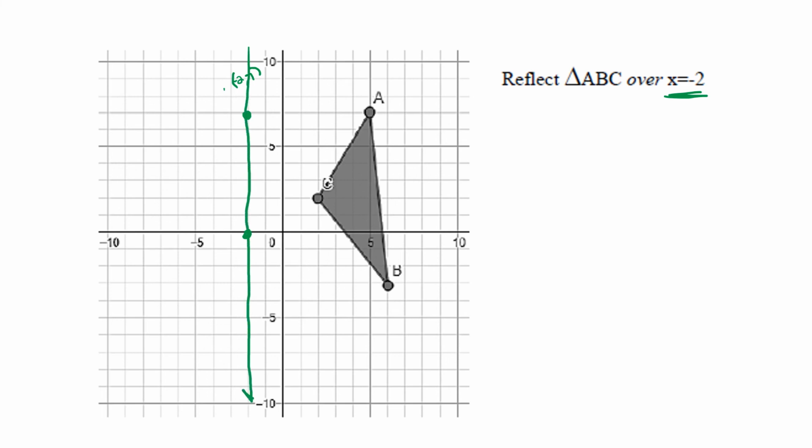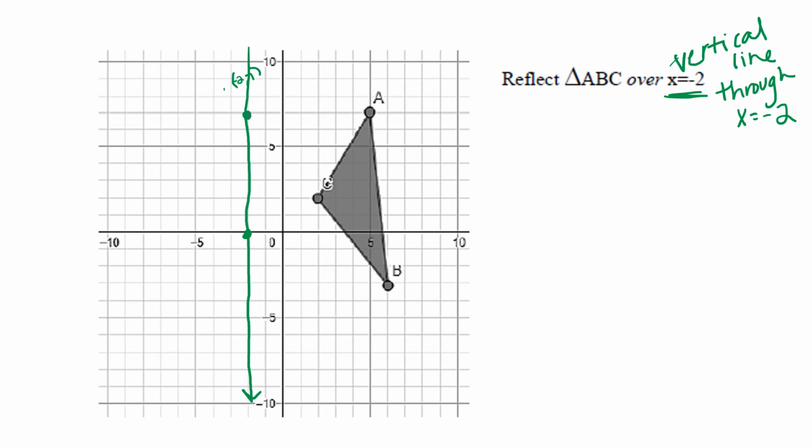we should notice that the line x equals -2 is a vertical line. Okay, so again, now I'm going to reflect this shape ABC over the line x equals -2. Okay, so let's count.